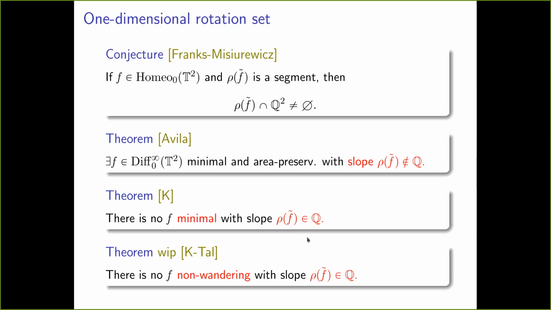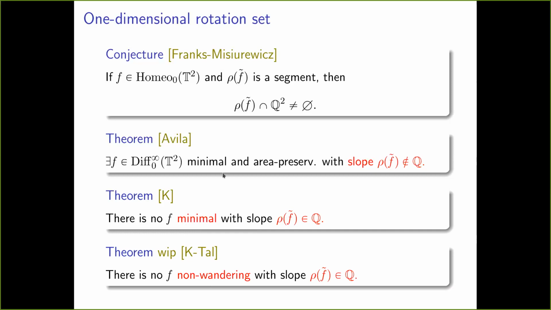And we are extending this result, this is a work in progress, with Fabio to the non-wandering case. Okay, eliminating the minimality assumption and just considering the non-wandering case, but this is a work in progress.